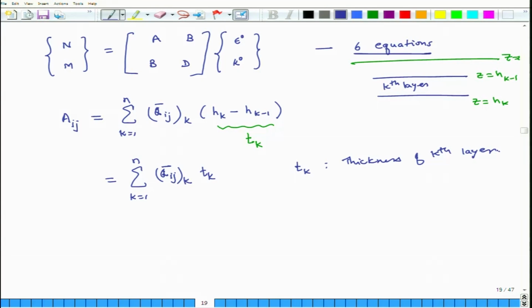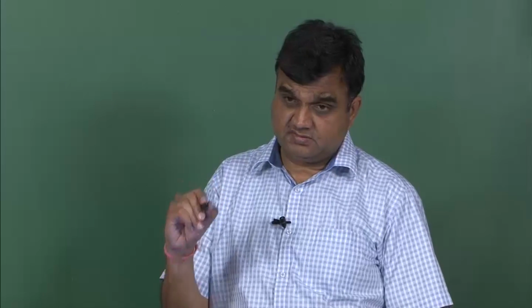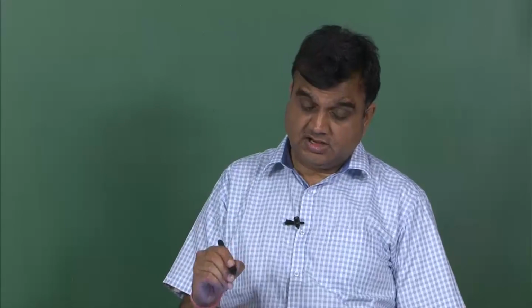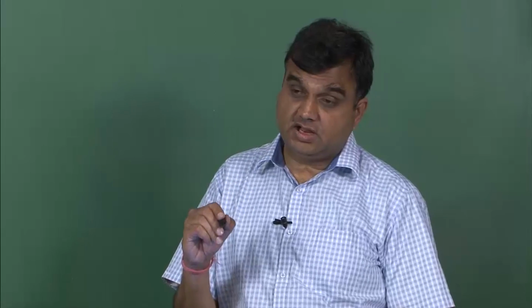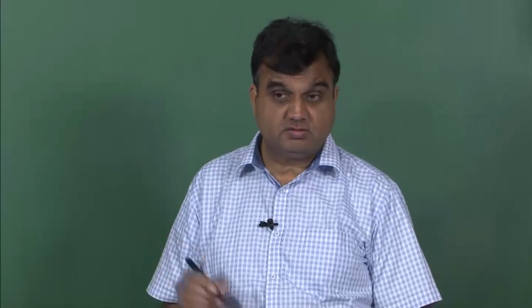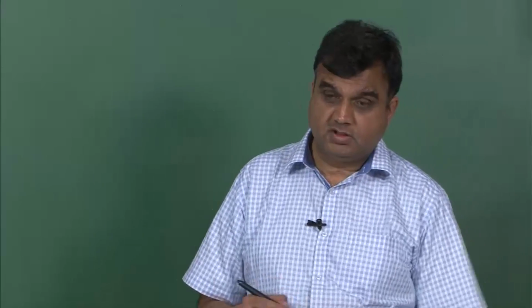The point is that Qij, and typically Q11, Q22, Q66, are always positive numbers. So, in that case A11, A12, A22, A66 will always be positive. The same thing is also true for Q12.